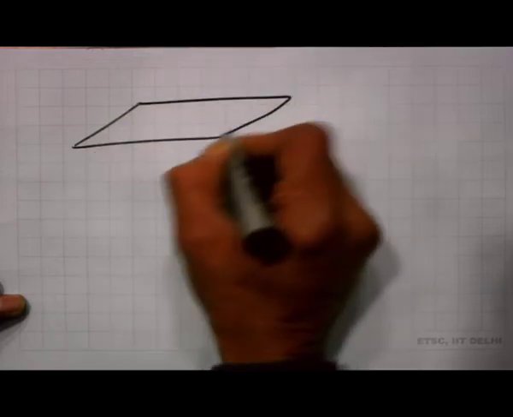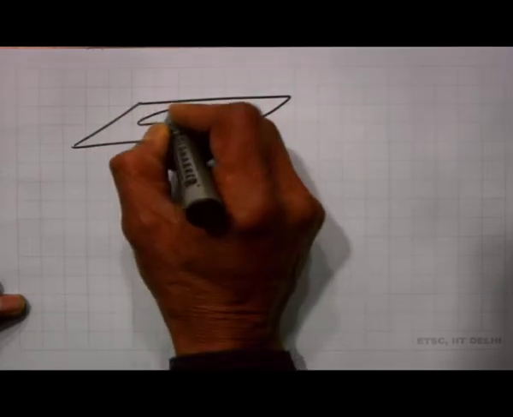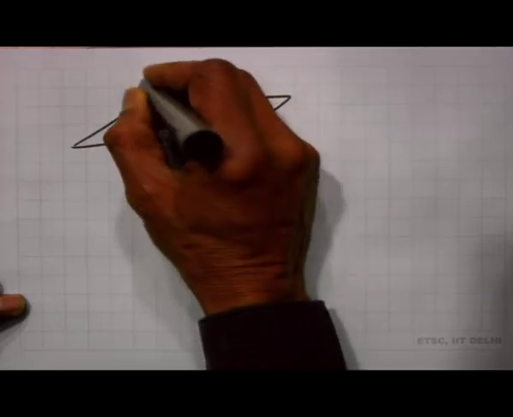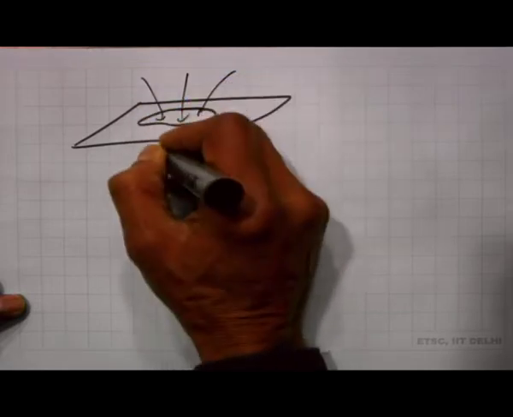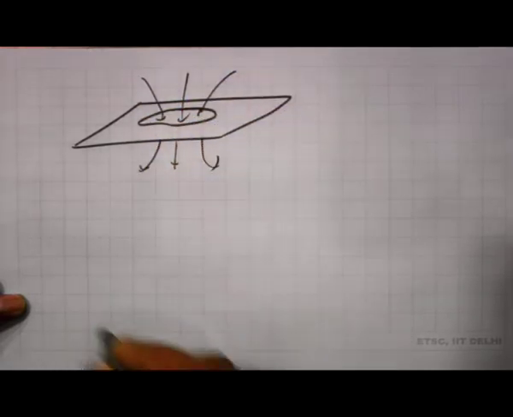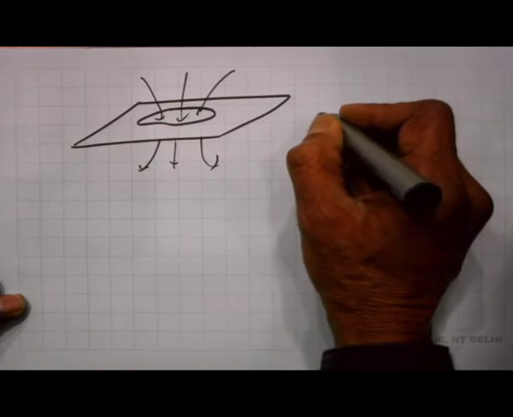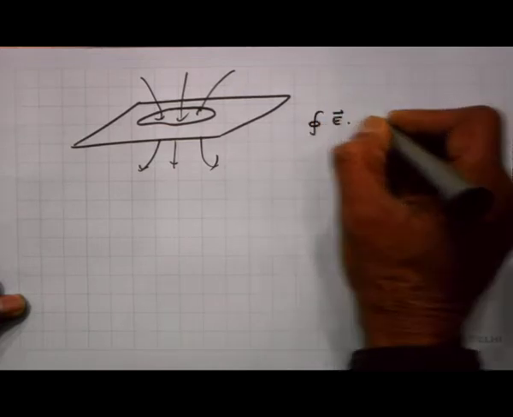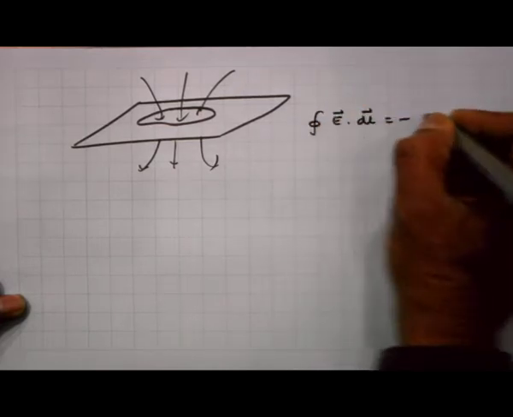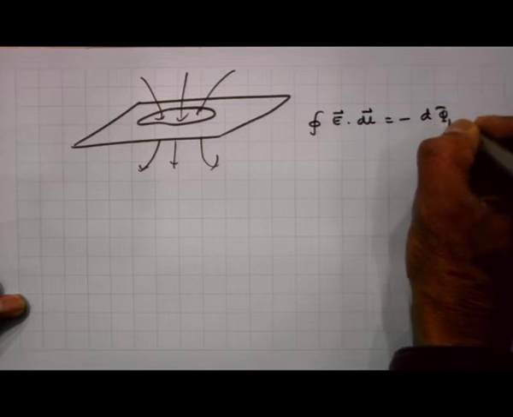The third law is Faraday's law. If you take a loop, and you have magnetic field lines crossing that loop, then this equation says integral E dot dL is equal to minus d phi B by dt.